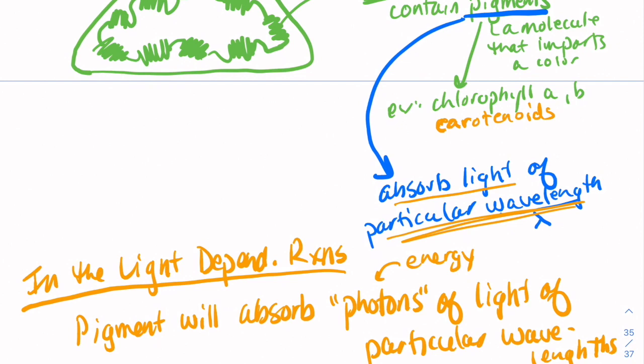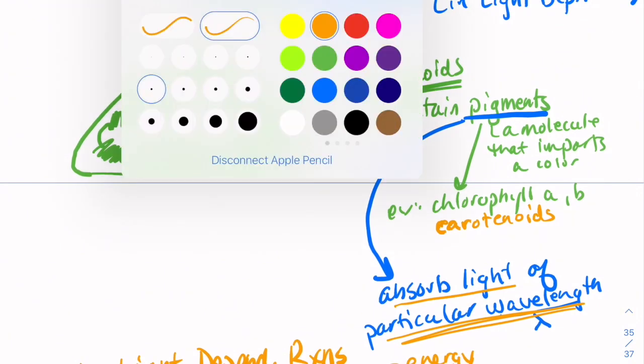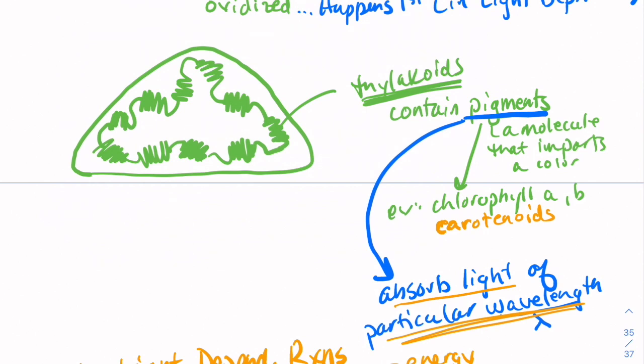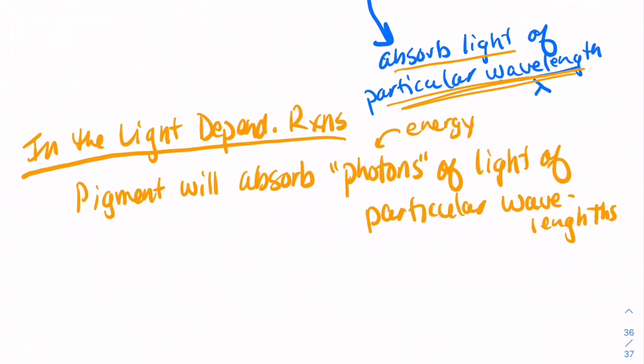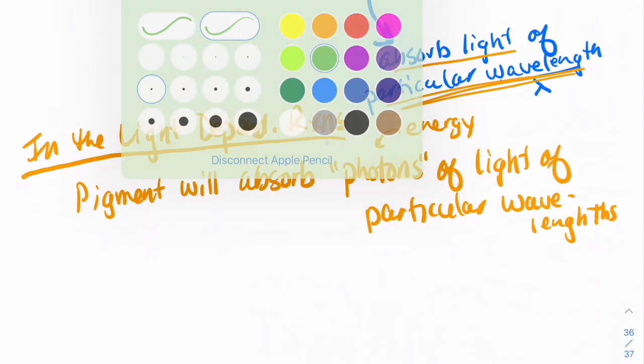So what happens is that, here, let's use yellow for sunlight. Why not? Light will be absorbed by the pigments that are inside the chloroplast. Those pigments are able to transfer that light energy over to a water molecule. So we need something we can write in here.